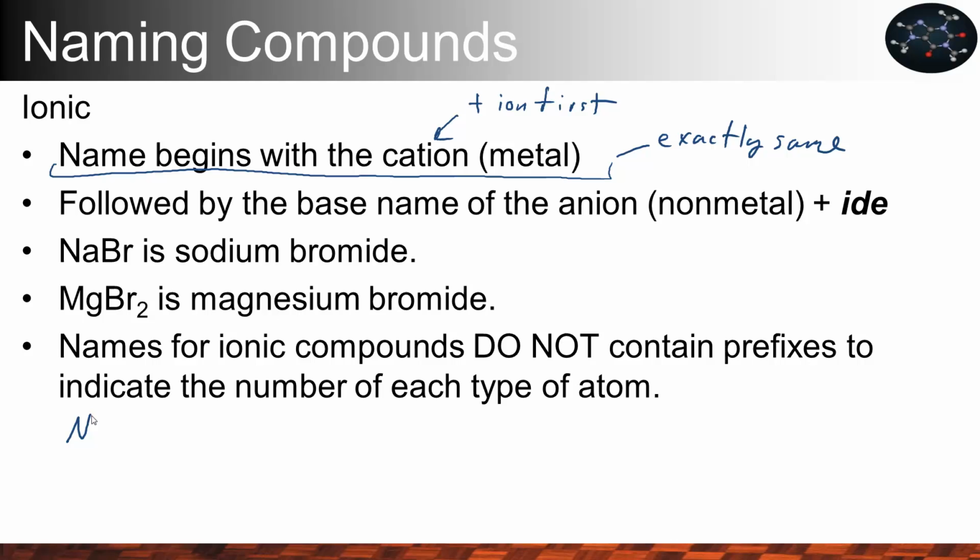Okay? So if we have NaCl, we start to name this just by naming the cation. Sodium. If it was by itself as a positive charge, we'd want to make sure we said that this is sodium ion.